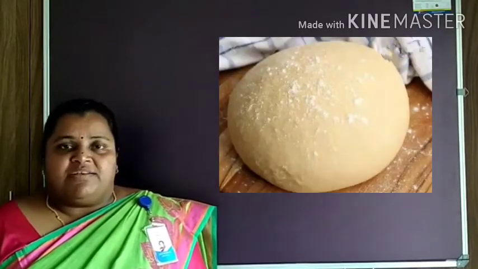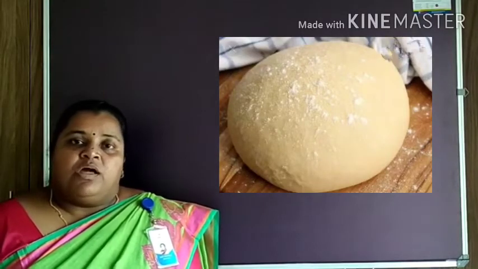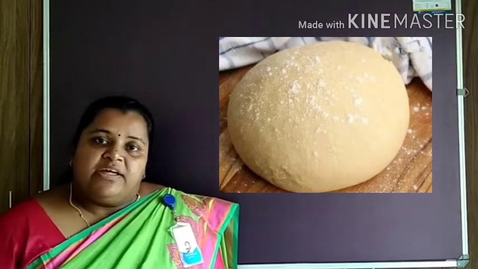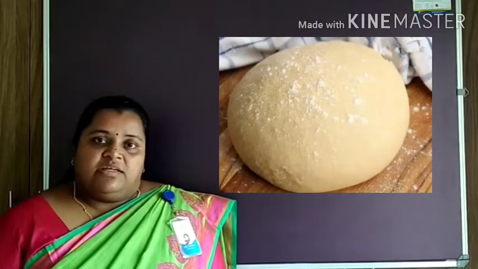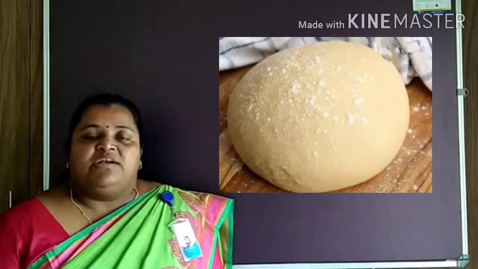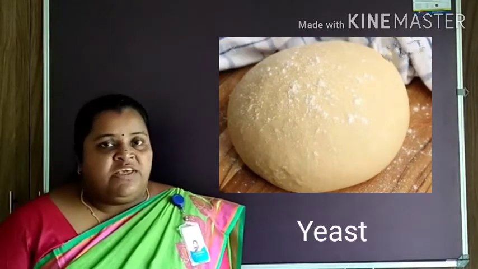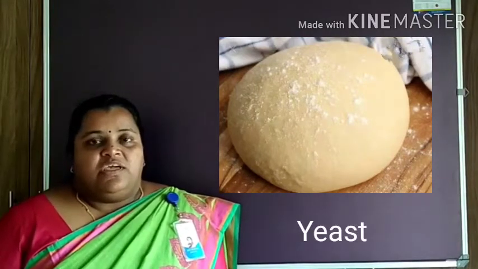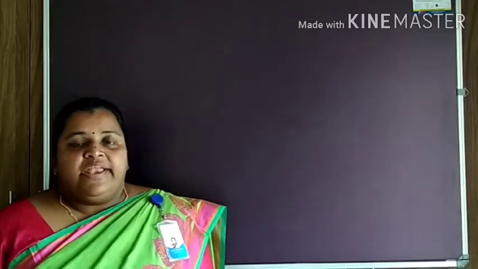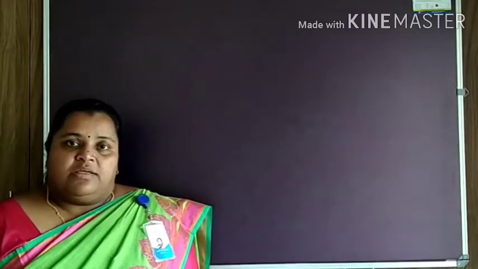Another example is fermentation of batter prepared for appam, bread, etc. Fermentation of batter takes place in the presence of yeast. Yeast also respire anaerobically. During anaerobic respiration, the glucose present in the flour is converted into pyruvic acid.